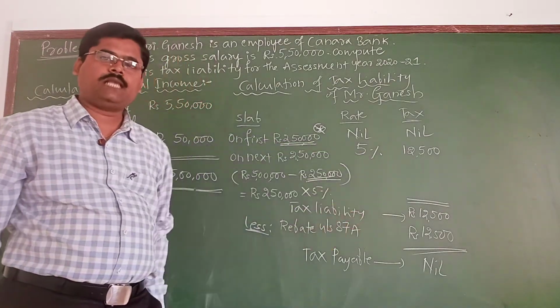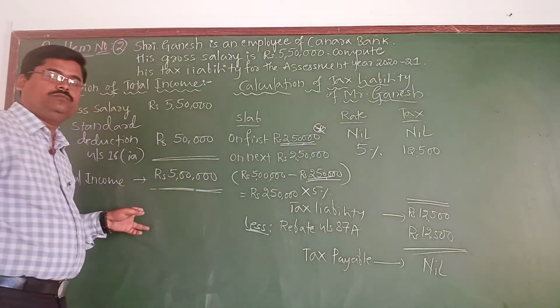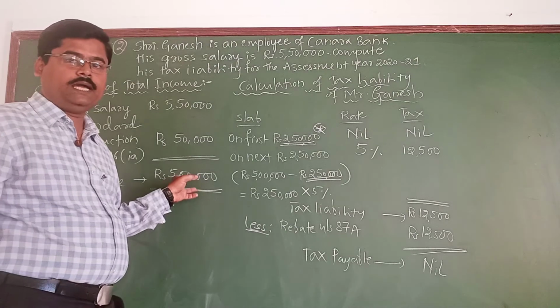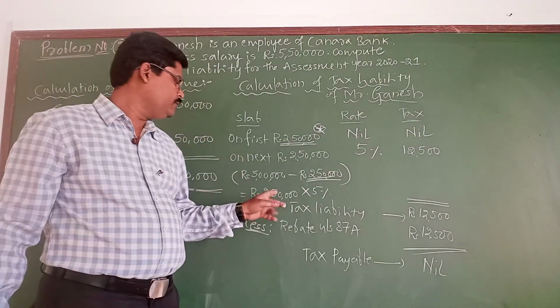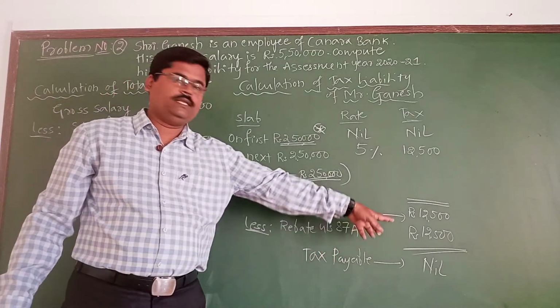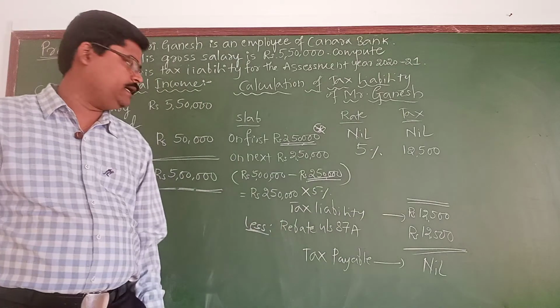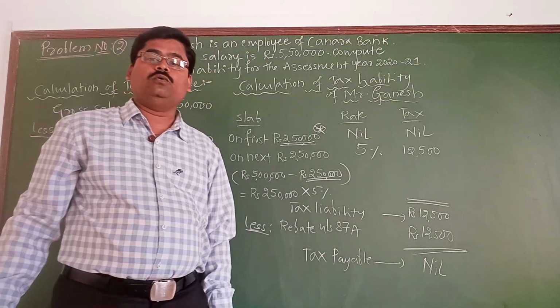So that is the tax liability. But here, when the total income does not exceed rupees 5 lakh, you can claim the rebate under section 87A. That I am going to show. A rebate under section 87A amounts to 12,500. It gives me tax payable of nil only.